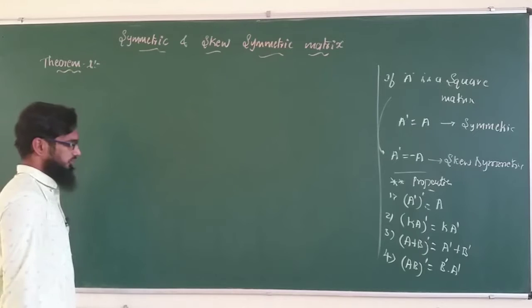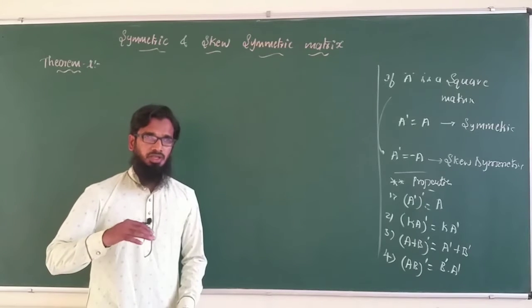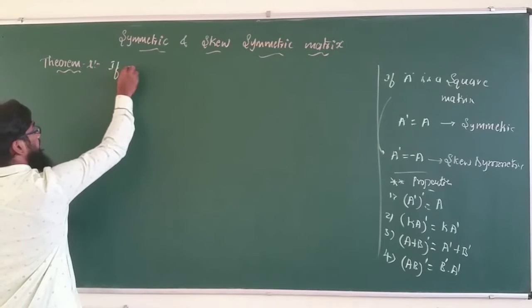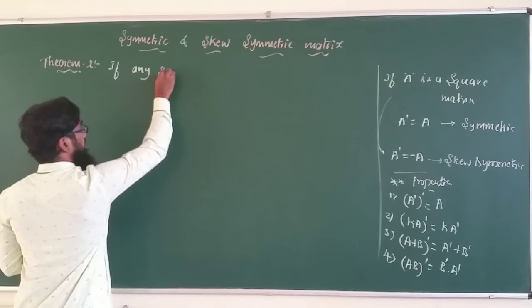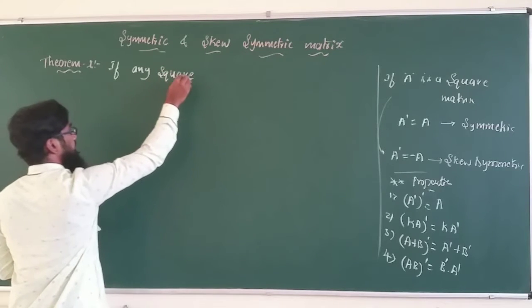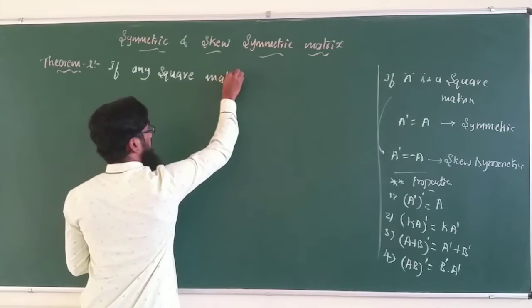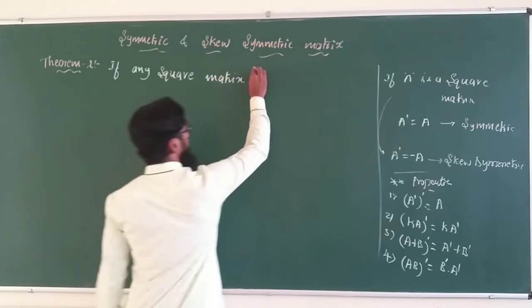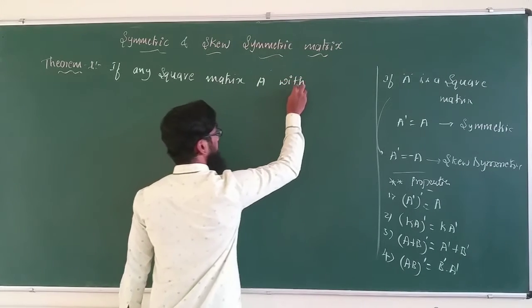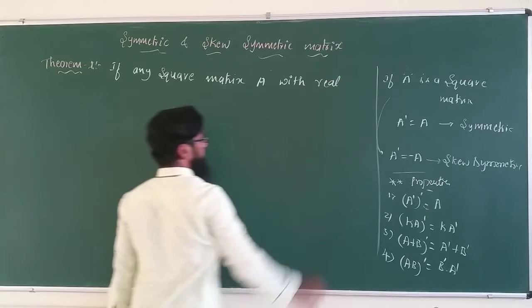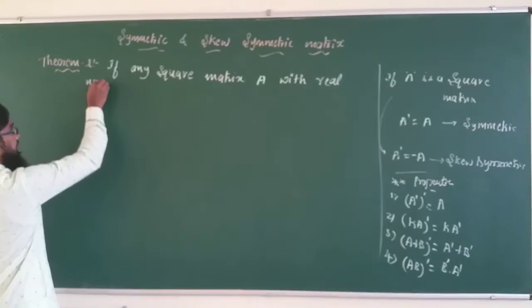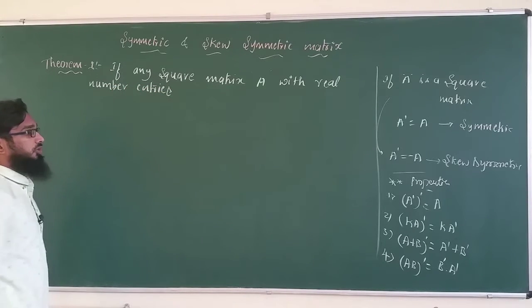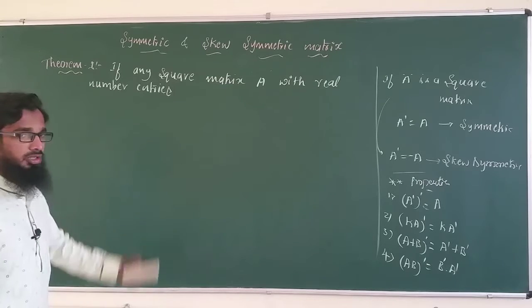Theorem 1 states that if any square matrix A, with real number entries or elements, is considered, then we can say the following.